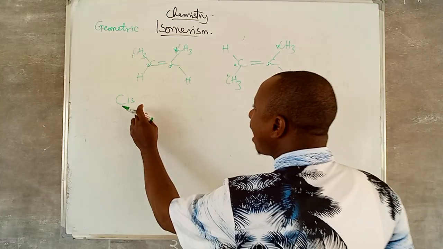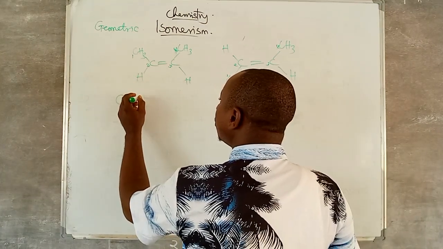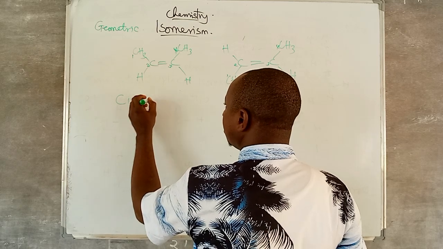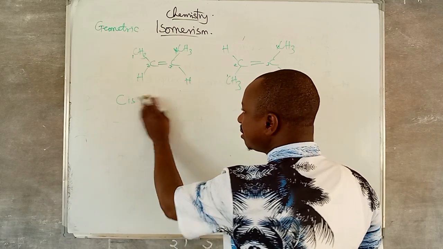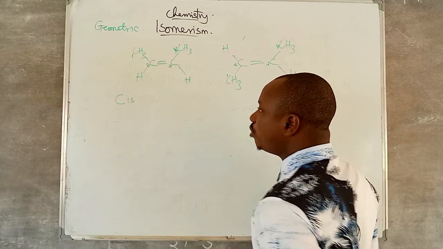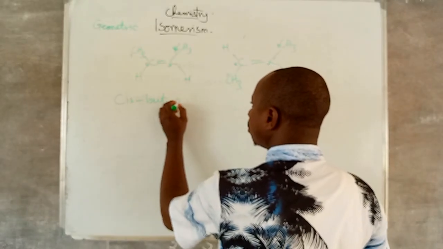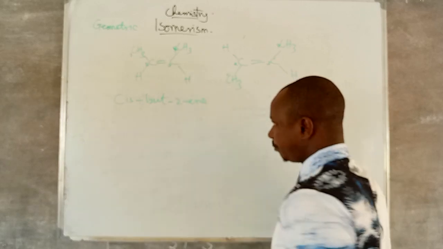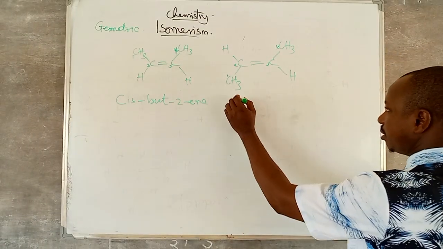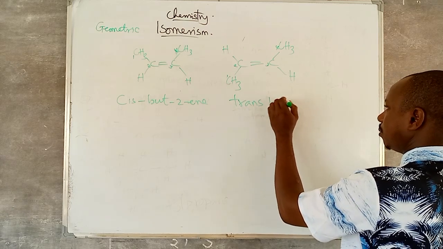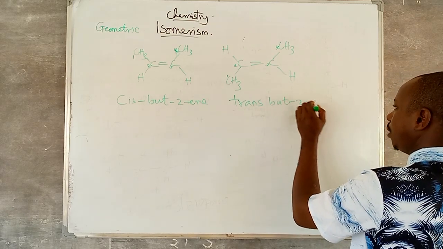So now this one we have cis. Let me simplify the way it will be: cis-but-2-ene. And this is a trans-but-2-ene.